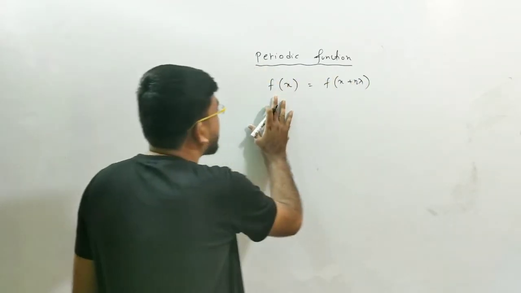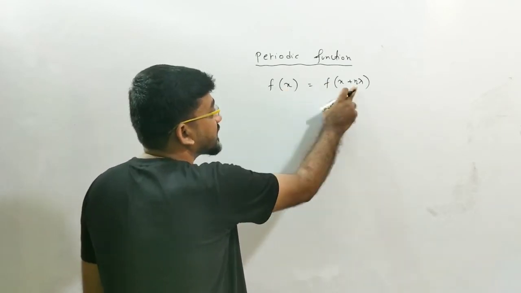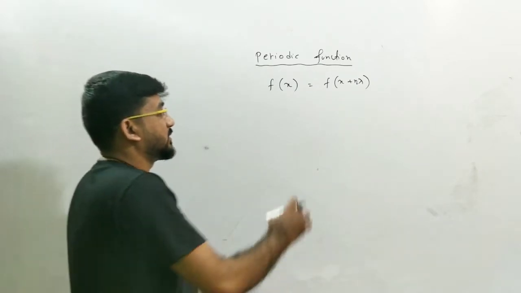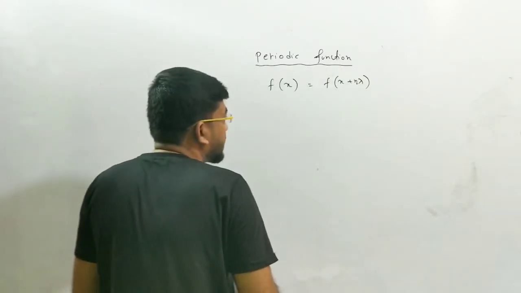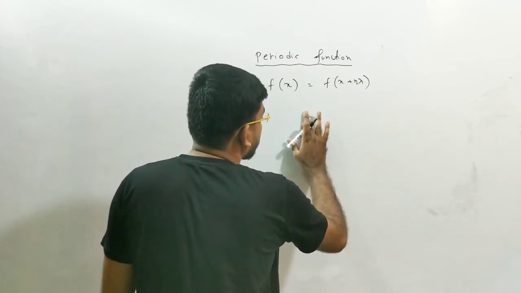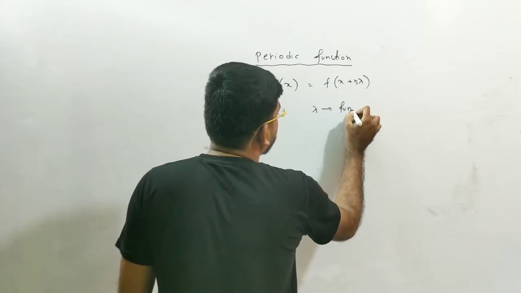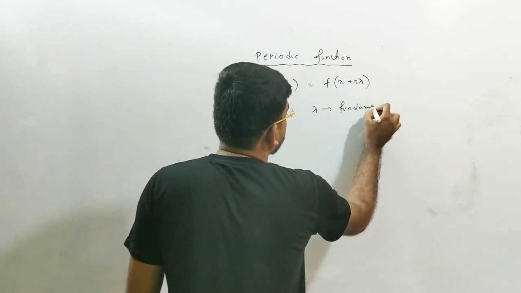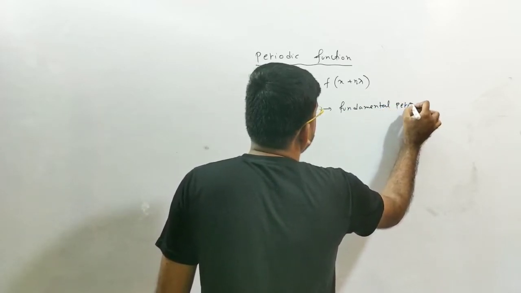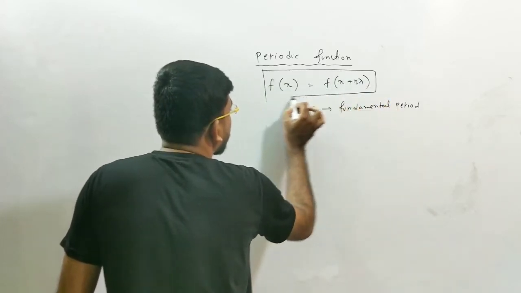If we have a function f of x and we add lambda or n lambda to x and get the same function, then it is said to be periodic, where lambda is known as the fundamental period of this function. To be a periodic function, this relation must hold.